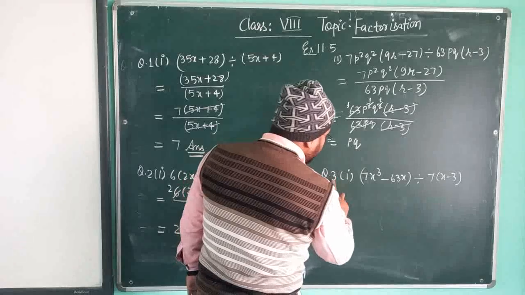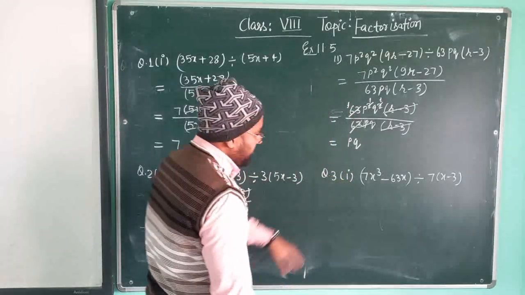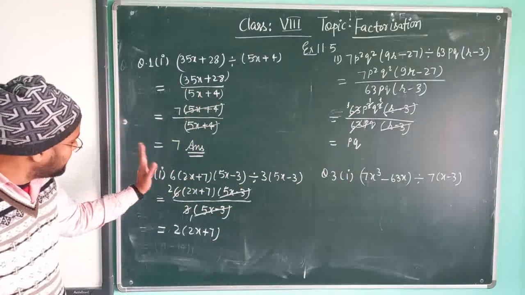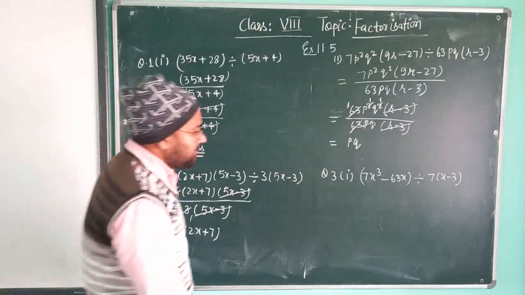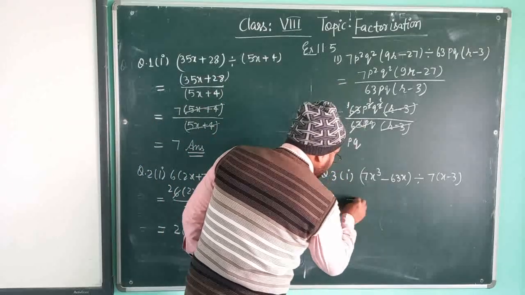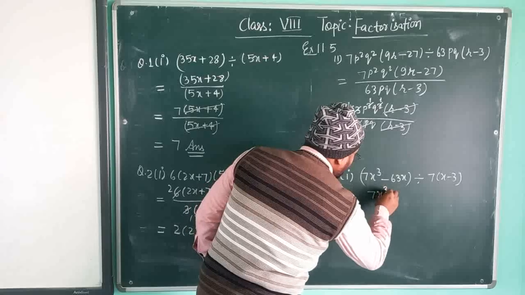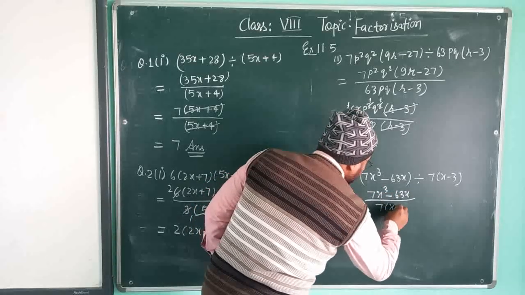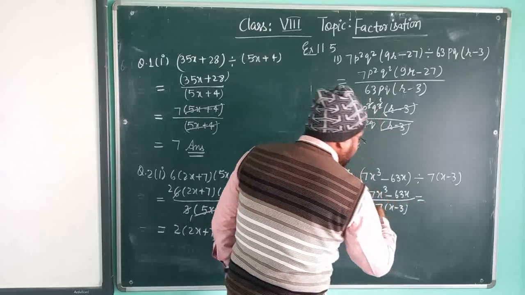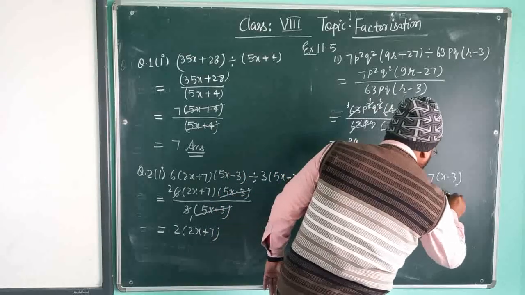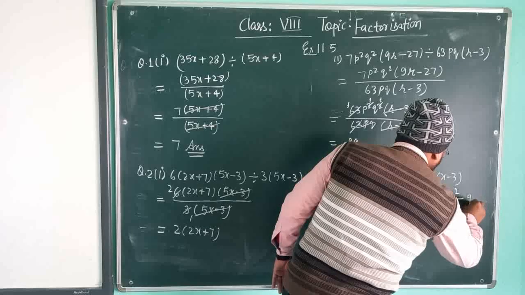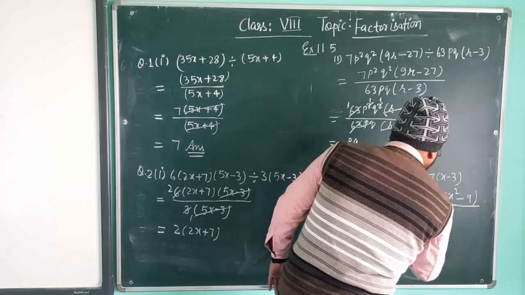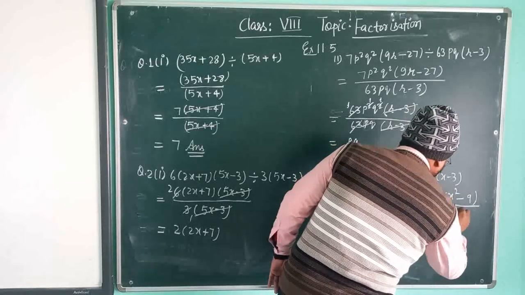Now see this question number third. It's the first part, and the second part of this question you can do yourself. I want to write the same as it is: 7x to the power 3 minus 63x upon 7 in bracket x minus 3. I want to take 7x as common. So x square minus 9 upon 7 in bracket x minus 3.